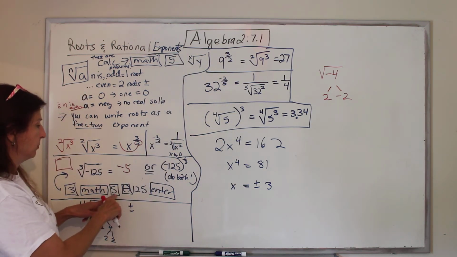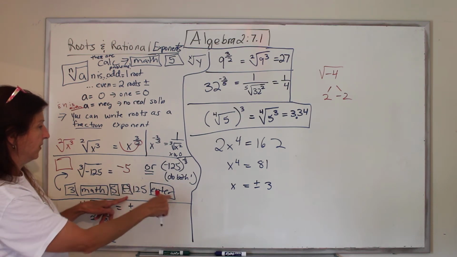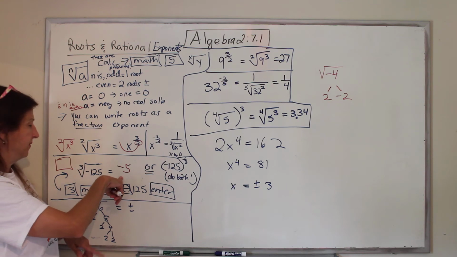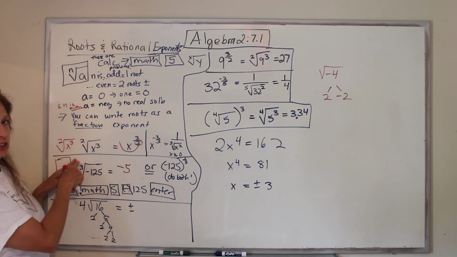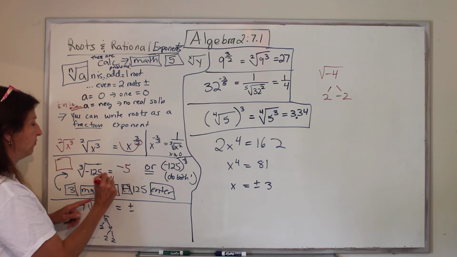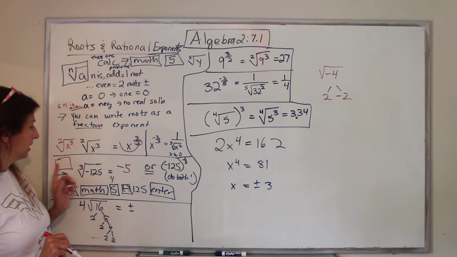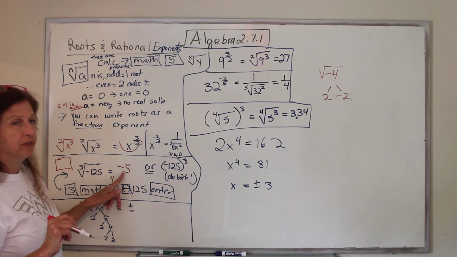This is the one where you can tell it different roots. And then you do -125, enter, and it should say -5. Now, cubed is special. Cubed is actually math number 4. And if you pick 4, it'll be cube root. So do it that way too, and get -5.